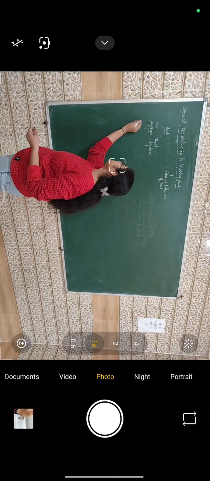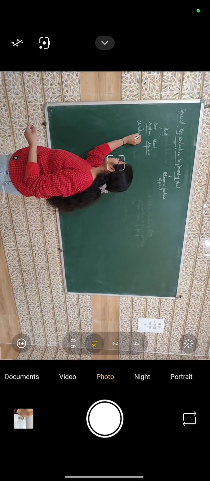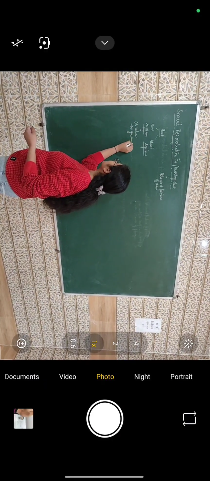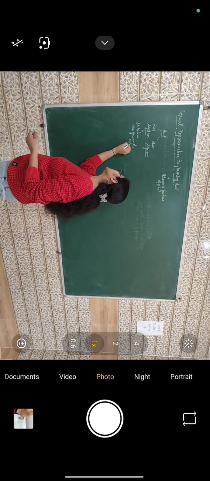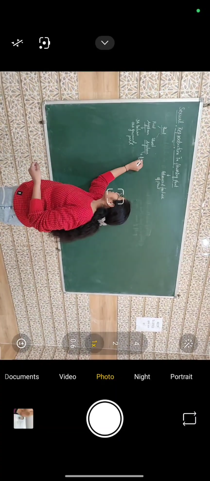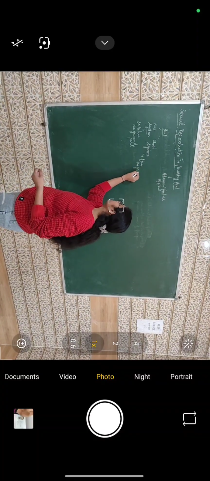The root system is the below-the-ground part, and the shoot system is the above-the-ground part.